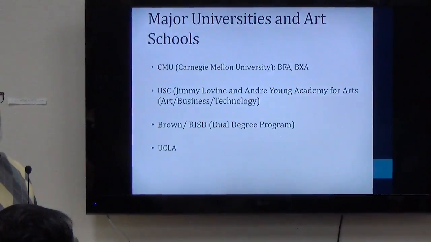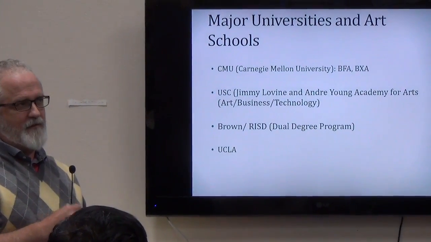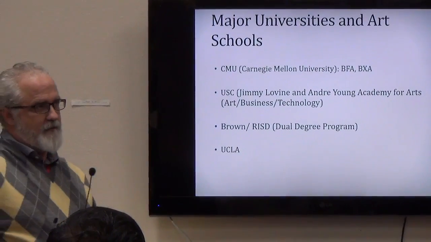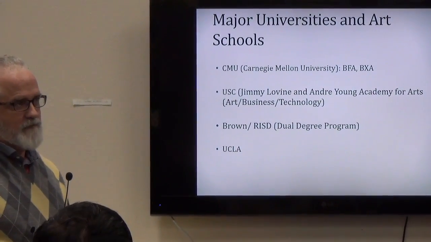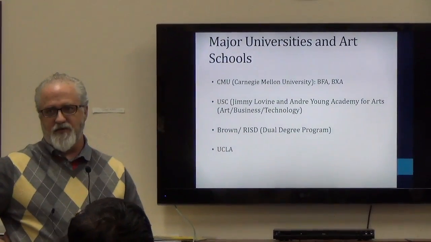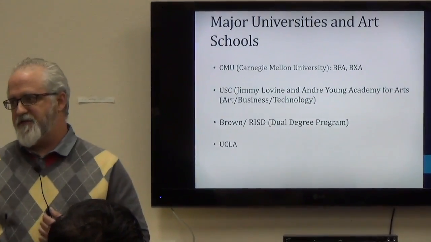You can be very good at art, or very good at business, or very good at technology. But the acceptance rate is really low, and they only accept about 30 students. It's very competitive. So if you're good on both academics and portfolio, these are excellent routes to take, which will open up a lot more opportunities in the future as we go forward.